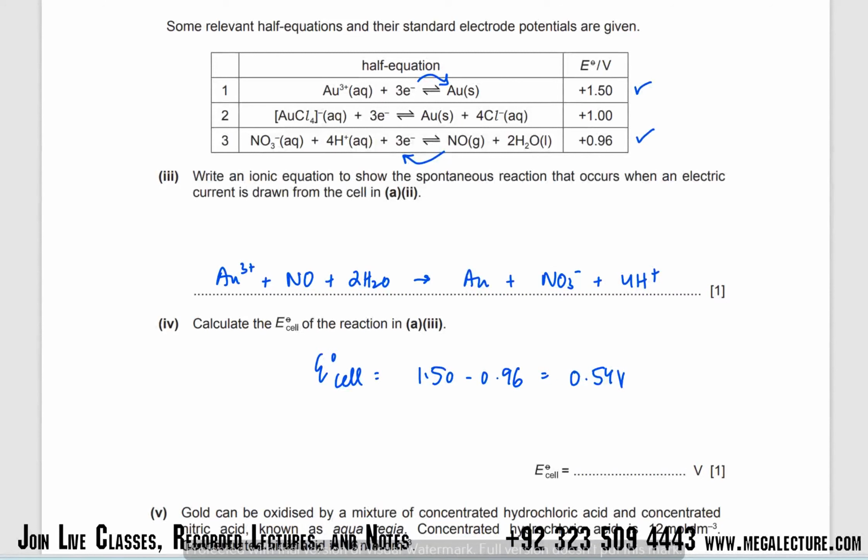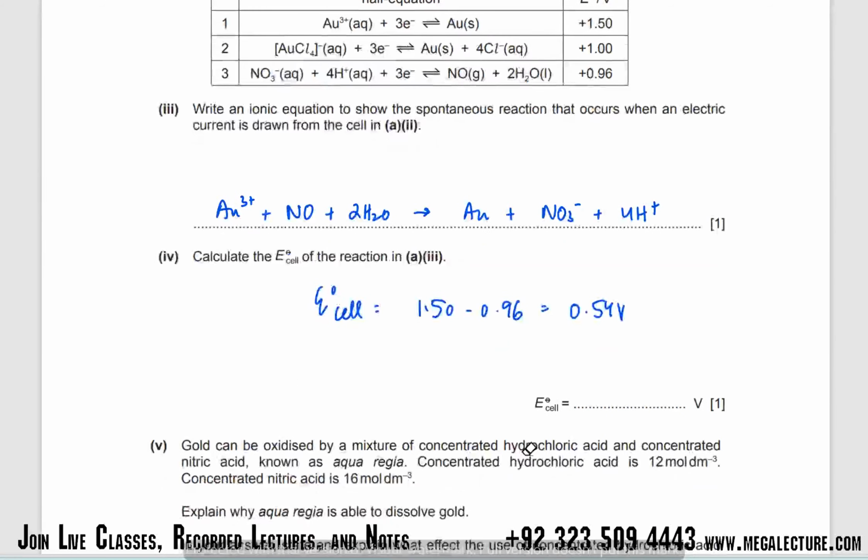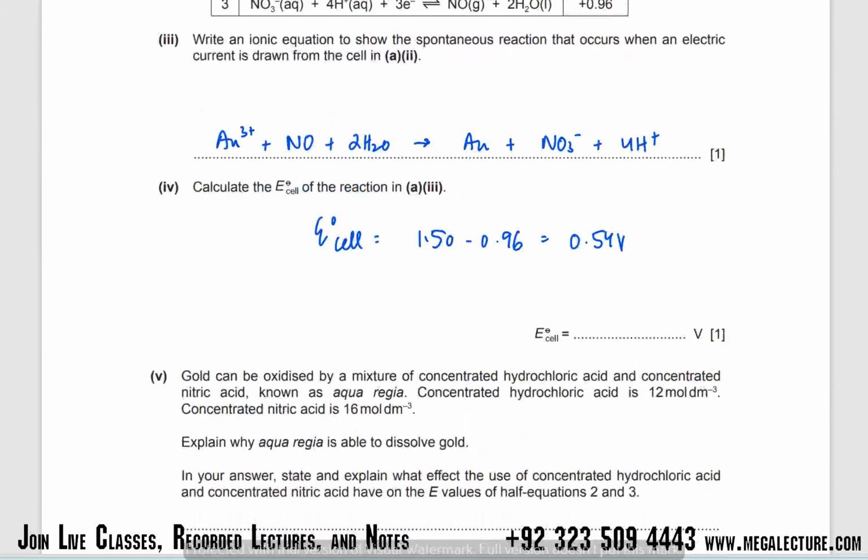Now the next part, the one that's written at the bottom, is saying that gold can be oxidized by a mixture of hydrochloric acid and concentrated nitric acid. He says that is known as aqua regia, and the concentration of hydrochloric acid is 12 mole per dm cube, and of nitric acid that's 16 mole per dm cube.